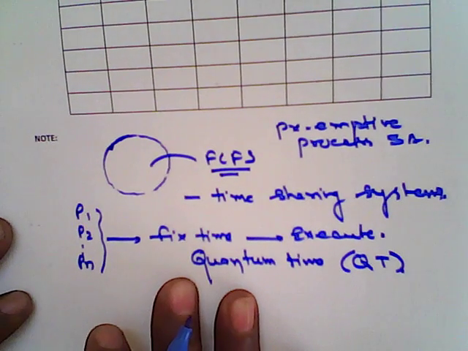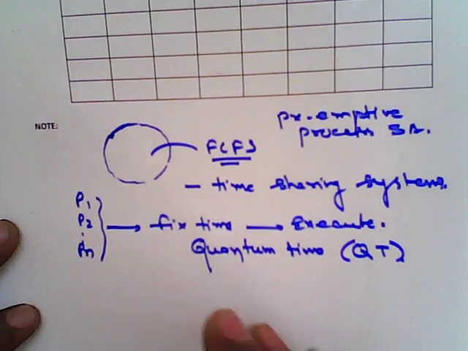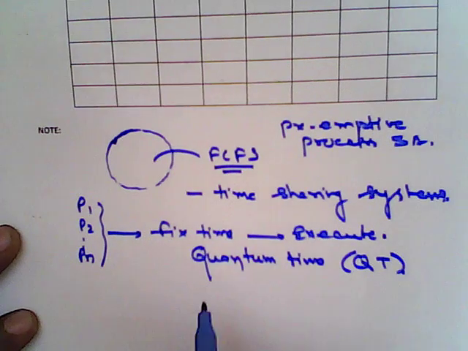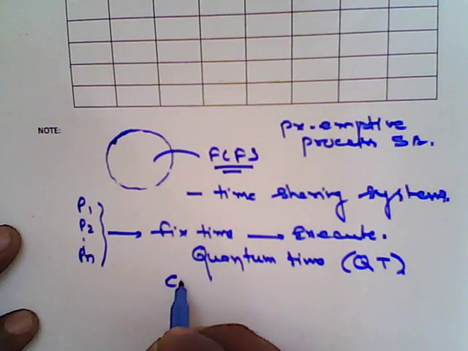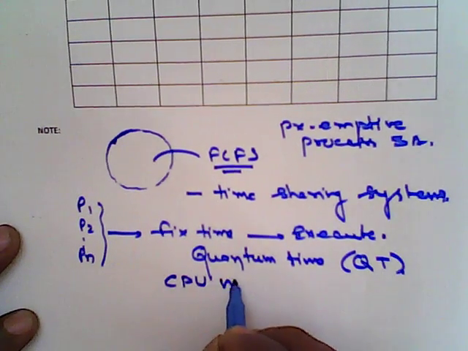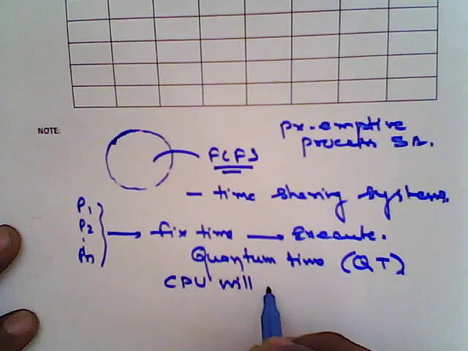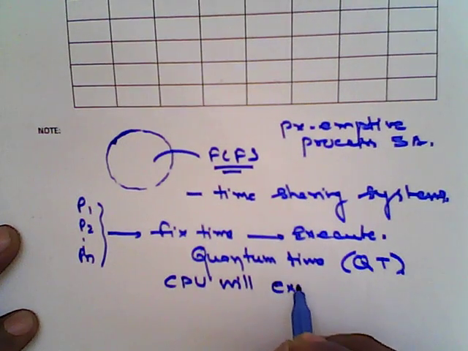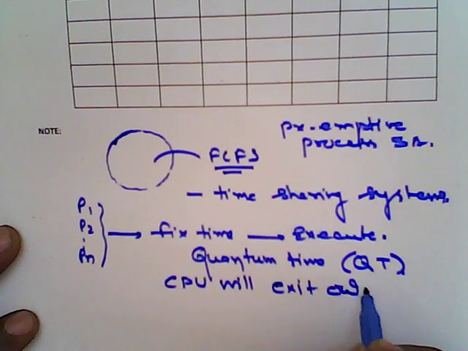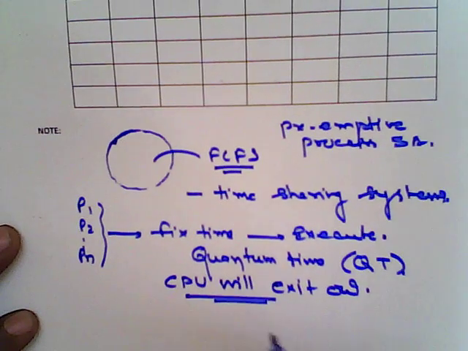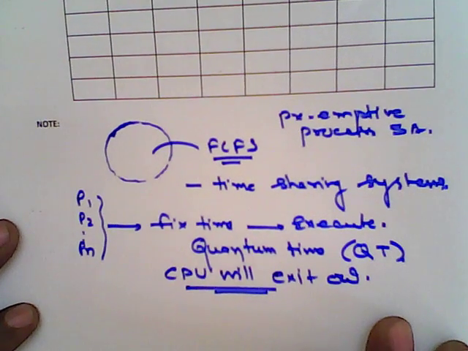If it is more than the quantum time, the CPU will exit out. That means the CPU will not be able to process it. So that is one of the importance of the QT.